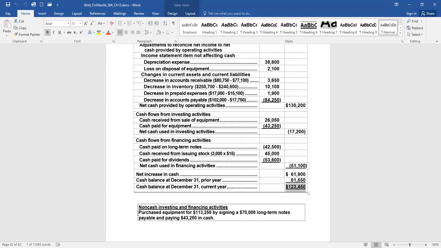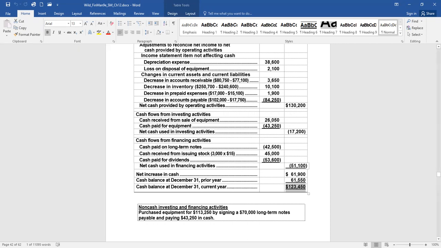That transaction is nowhere up in the top except for the $43,250. So we let people know we did have a non-cash activity with regards to investing and financing. We signed a $70,000 long-term note. So part of that equipment was paid in cash and part is through a loan, and it's not accounted for up in the top of that statement of cash flow.